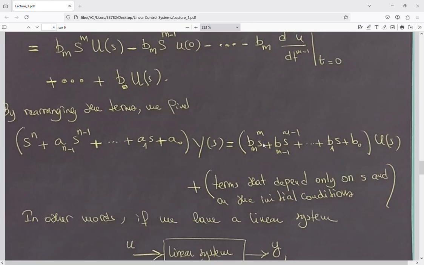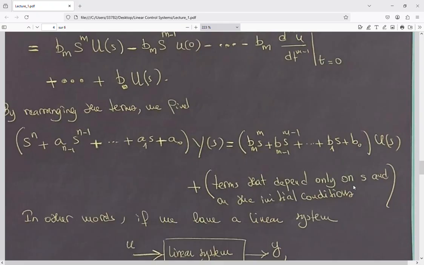This will be equal to another polynomial times U of s, so this is bm s to the power m until b0, plus a bunch of terms that depend only on s, the complex variable, and on other constants that are the initial conditions: the output and the input and their time derivatives at time t equal to 0.